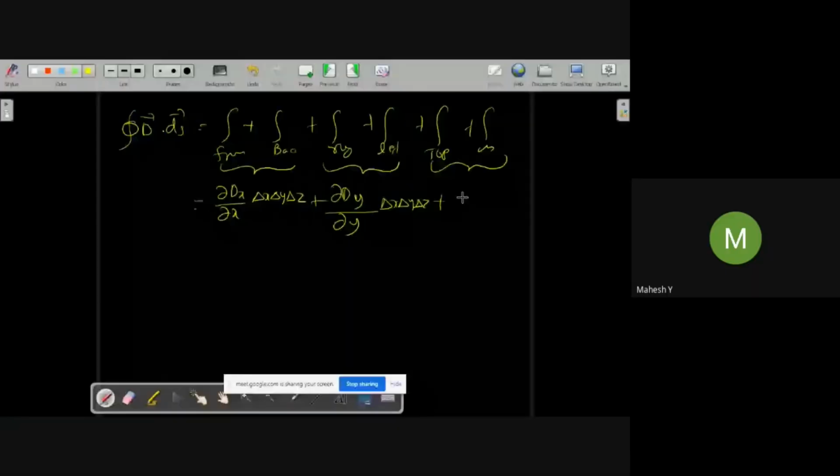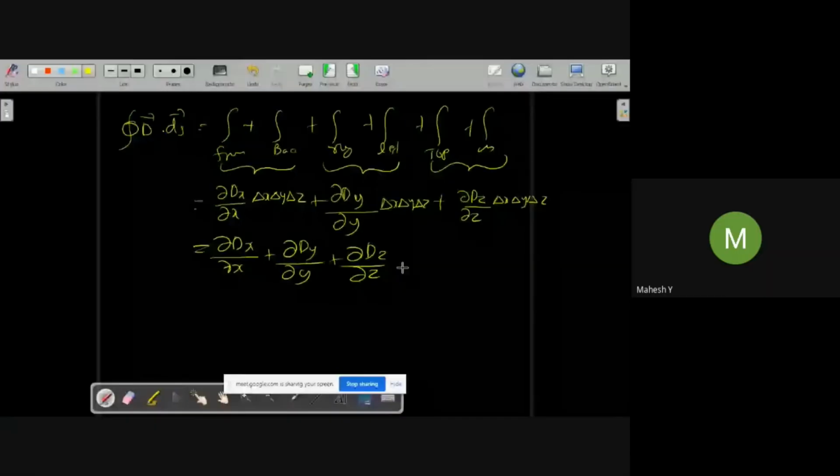Now, what will be the value? Without calculating, we can tell directly top plus bottom will be ∂Dz/∂z Δx Δy Δz. So Δx Δy Δz is a common term.